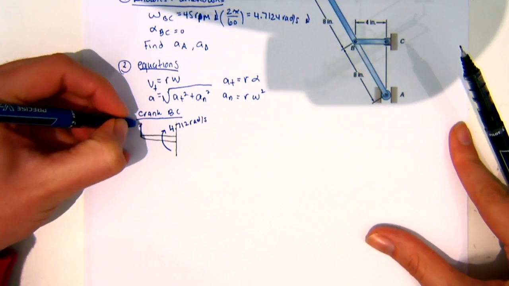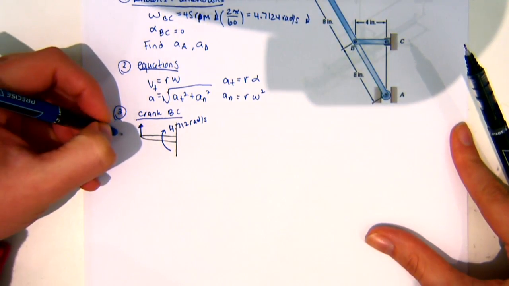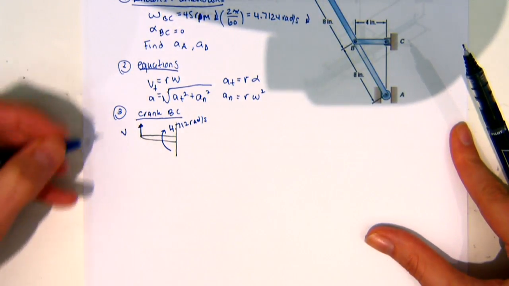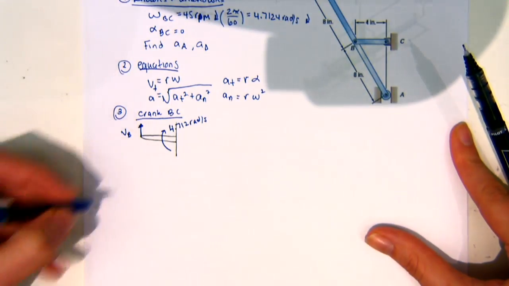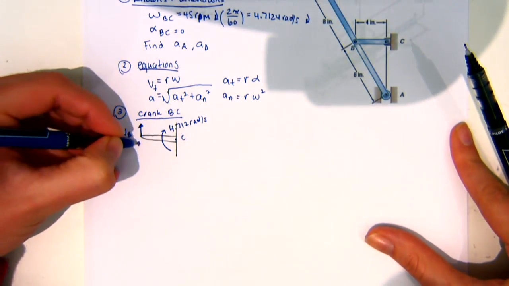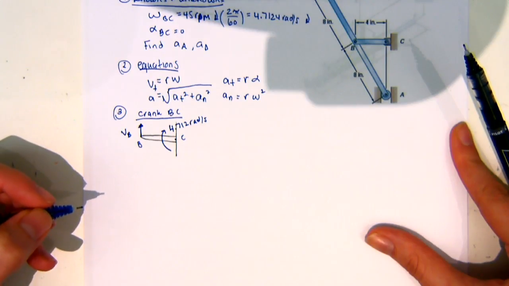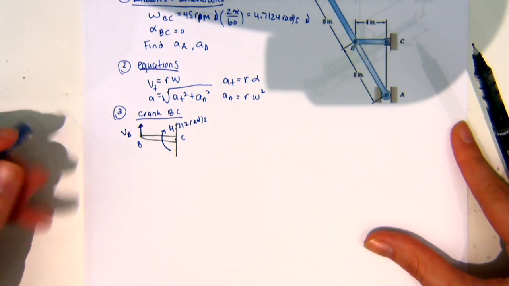And we know that the velocity is going to act tangential to that. So there's my v, and this is vb. And this is point C, that's point B. And that's all that we have for that one.